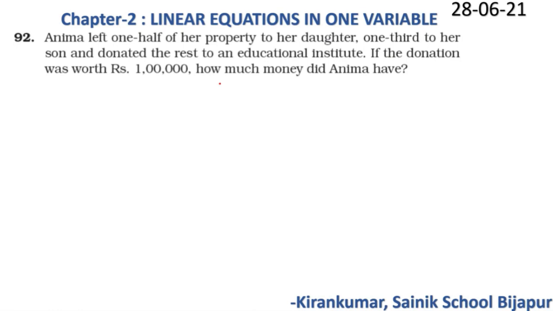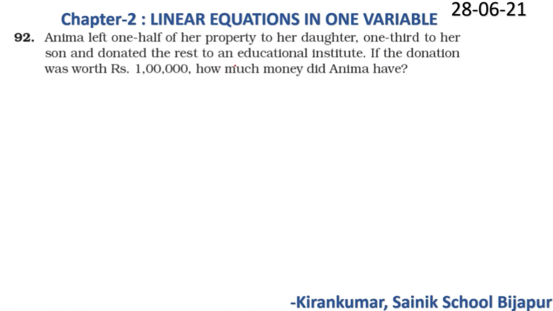So the property left for her daughter will be x by 2. Now the remaining property is x minus x by 2, which is nothing but x by 2. So the property left for her son is 1/3 of x by 2, which is x by 6.